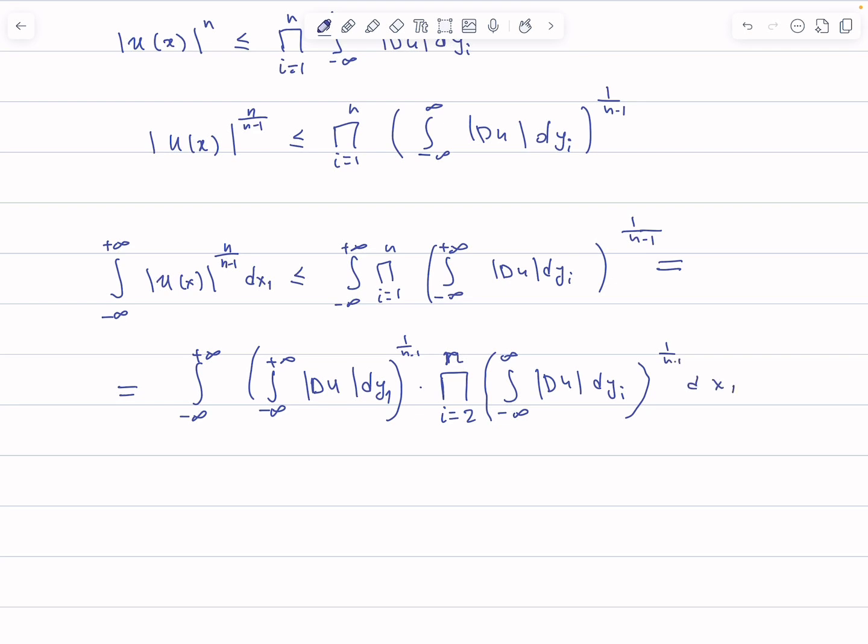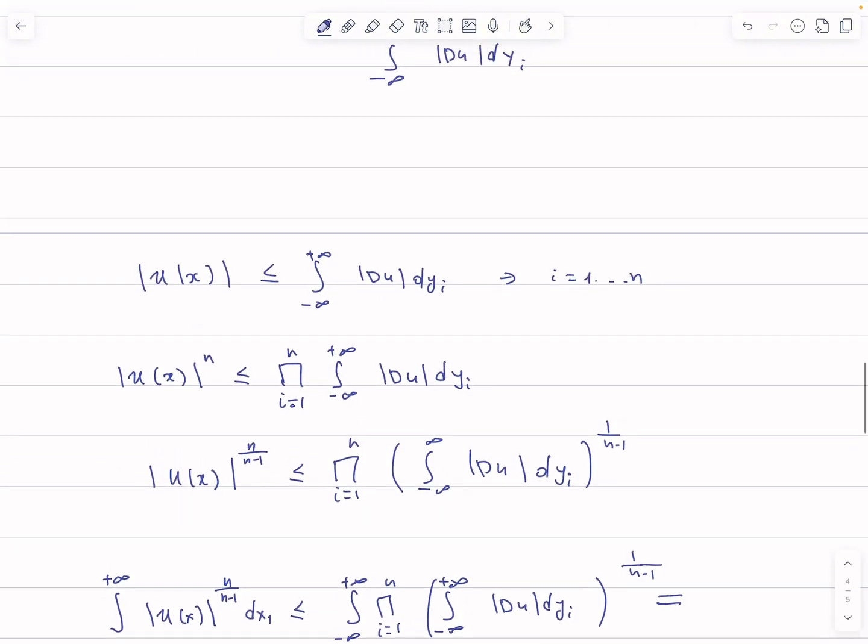See that in this integral we are independent from x1, so this one is constant with respect to x1. Why?